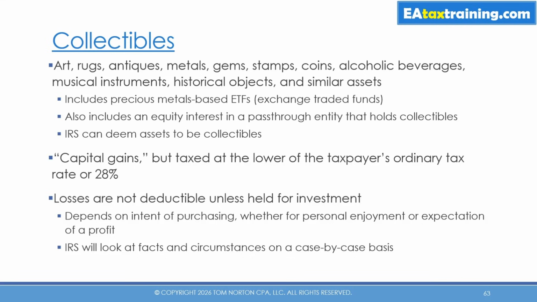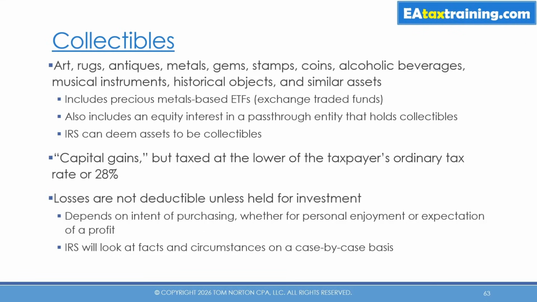And also, the IRS can deem assets to be collectibles because obviously this can change over time. Things become hot, and all of a sudden, everybody's trying to collect this certain new thing. So the IRS can say that that is a collectible. Collectibles are capital assets, again, unless they're held by a dealer.